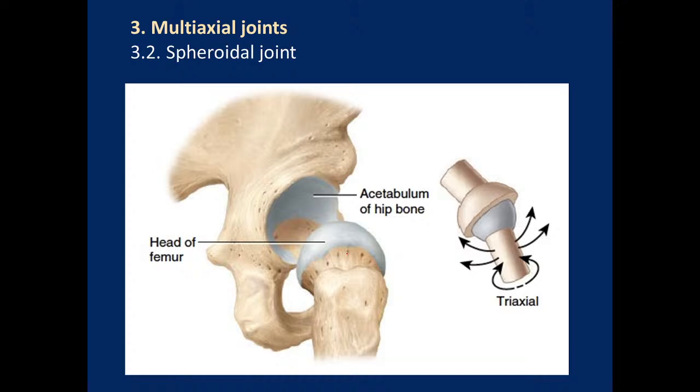More amplitude of movement we find in the second group of multi-axial joints, called spheroidal joints. That is like a sphere. Here one bone has a ball-like surface, and another bone fits into a cup-like depression.